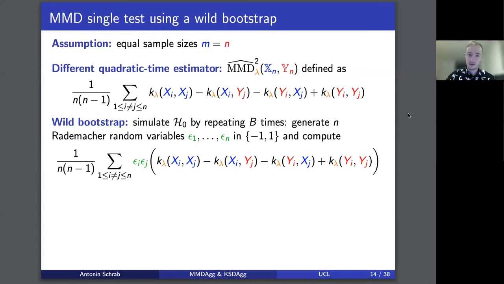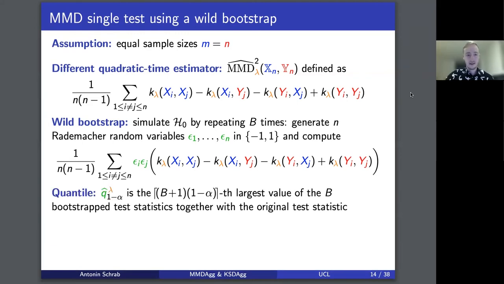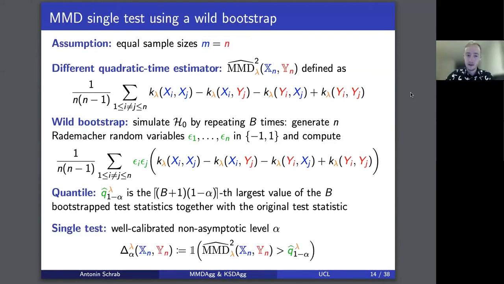And instead of having the normal MMD estimator, we multiply by those random variables. In our paper, we show that this is actually equivalent to using some permutation, so if you're interested, you can have a look at it. Then we just define the quantile in a similar manner as before, and the single test as well. And we also show for both tests that they have non-asymptotic level alpha.